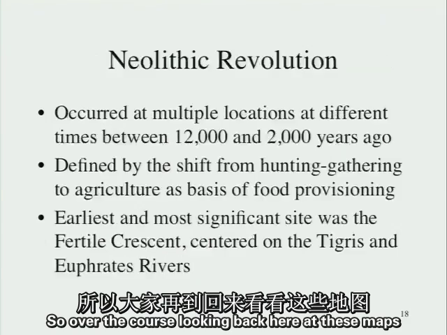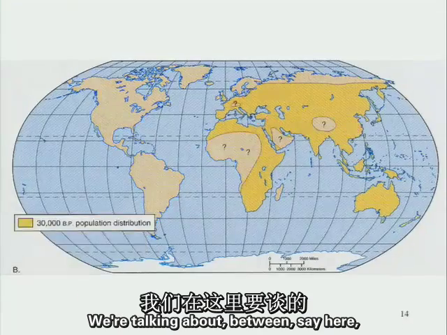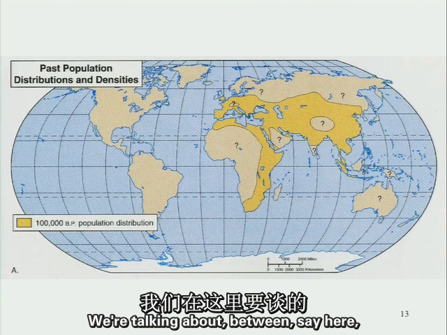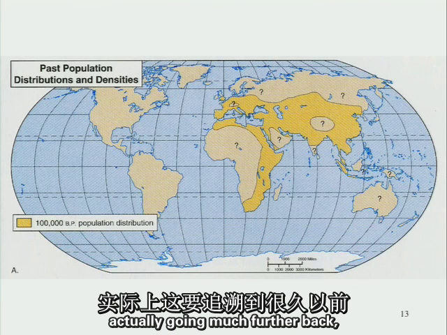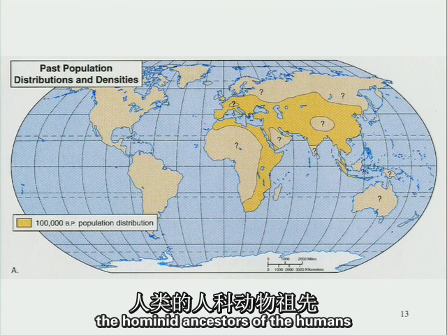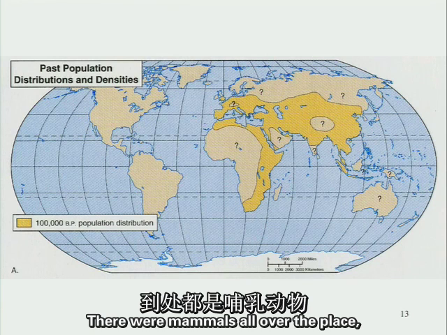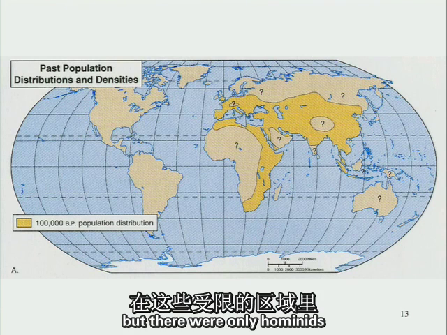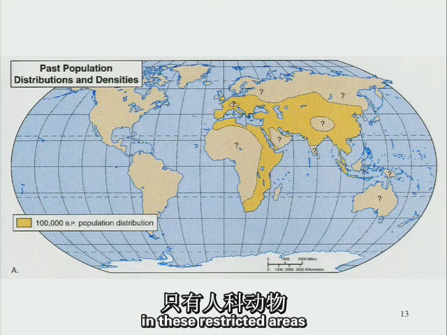So looking back here at these maps, we're actually going much further back, if you think about the hominid ancestors of humans, there were mammals all over the place, but there were only hominids in these restricted areas.